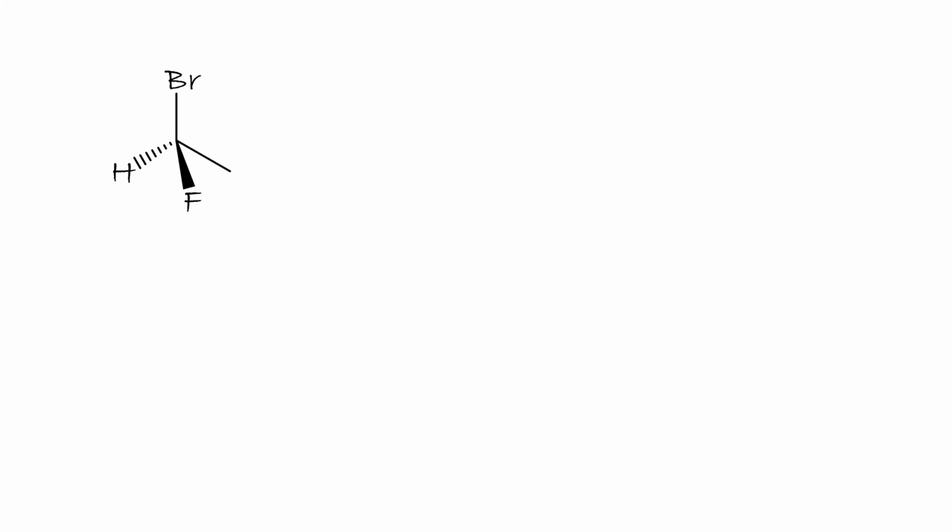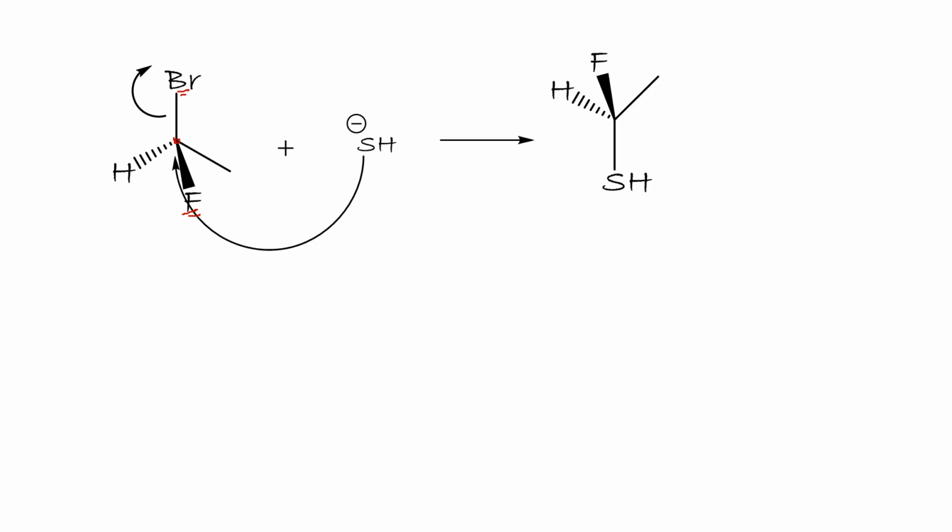For this particular compound, a chiral center with 2 halogens, Br and fluorine. The Br is a better leaving group than the fluorine. So if we react this molecule with hydrogen sulfide, the hydrogen sulfide will attack from the back of the bromine, kicking Br out, flipping the umbrella, okay, and forming this compound.